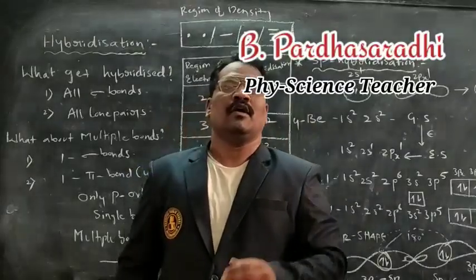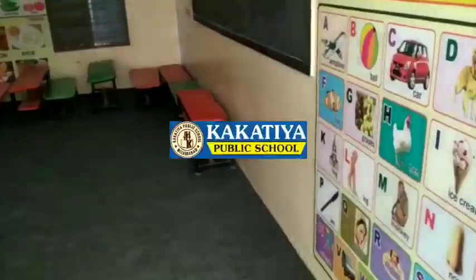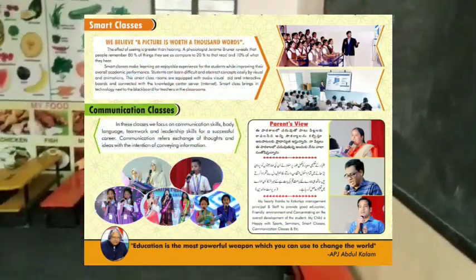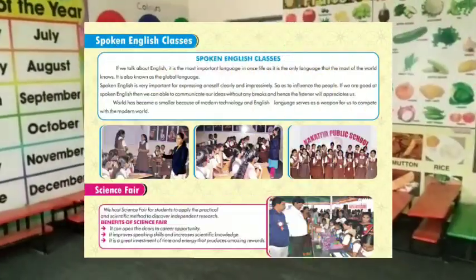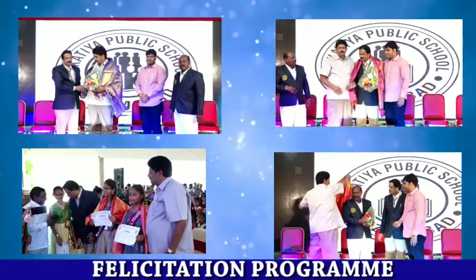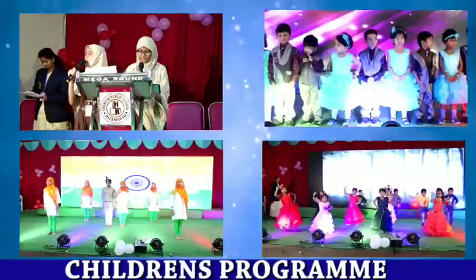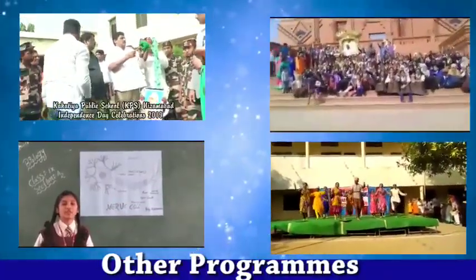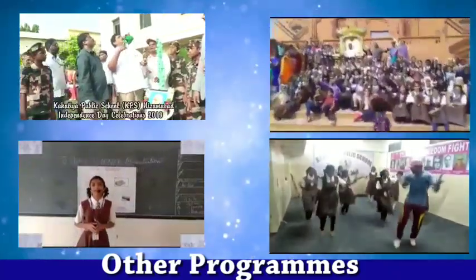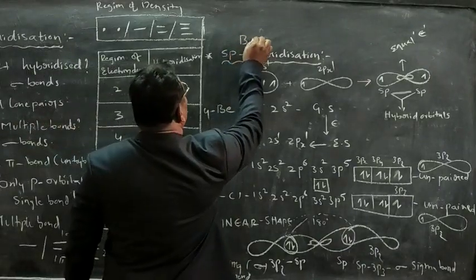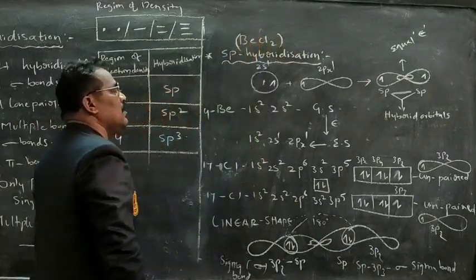Now we will study about sp hybridization. A best example for an sp hybridized molecule is the formation of beryllium chloride.